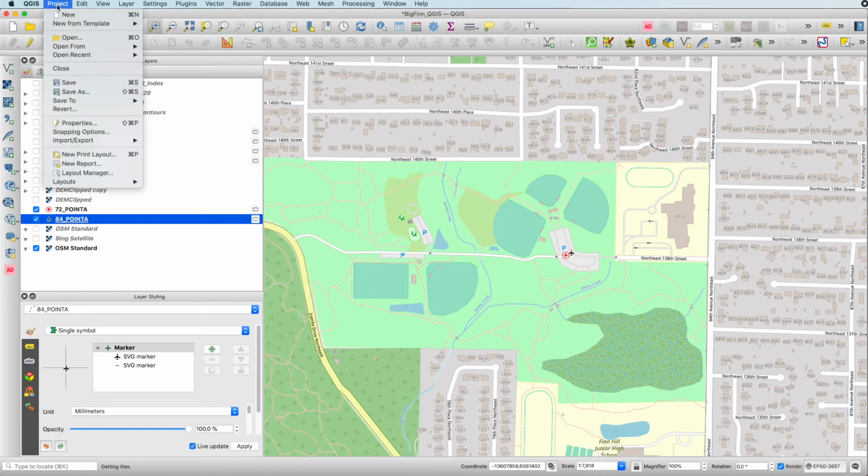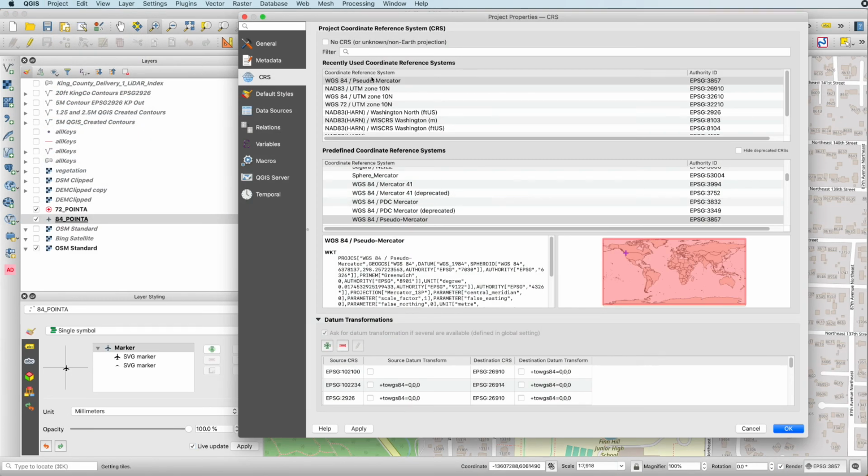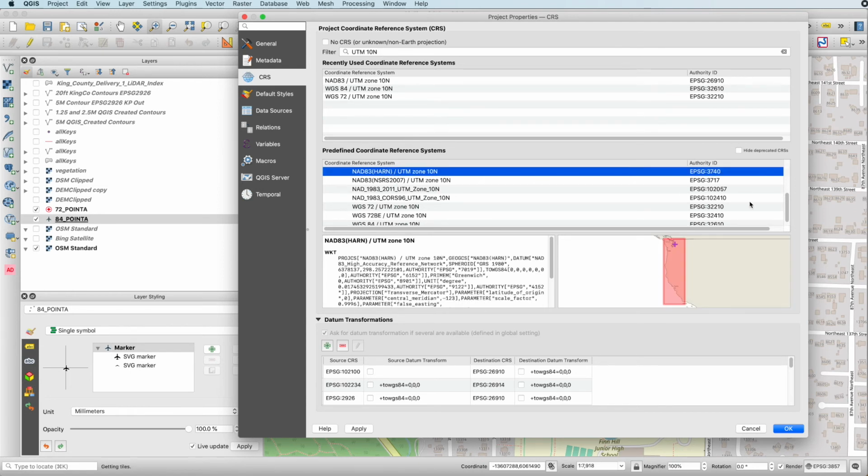I want to talk about a few of these coordinate reference systems as we're sitting here, because it's kind of important. Let's talk about UTM specifically. I mentioned I'd like to use UTM 26910, but if you'll see, there are a lot of UTM zone 10s available.